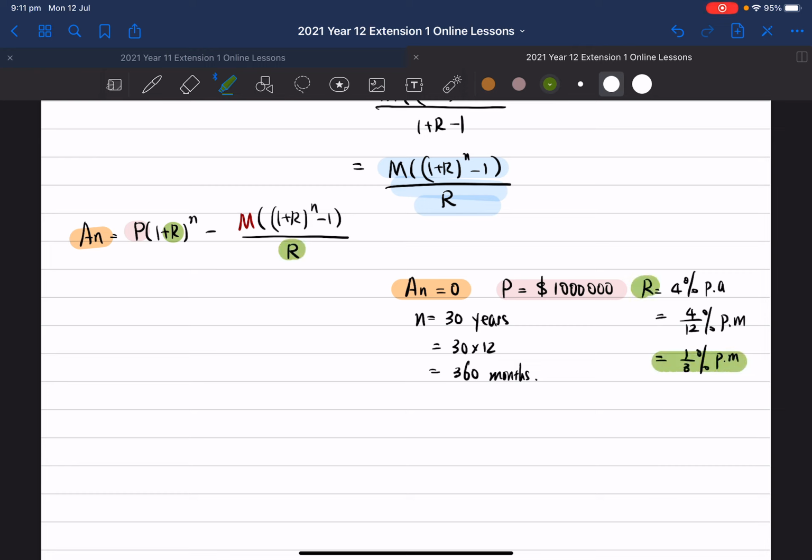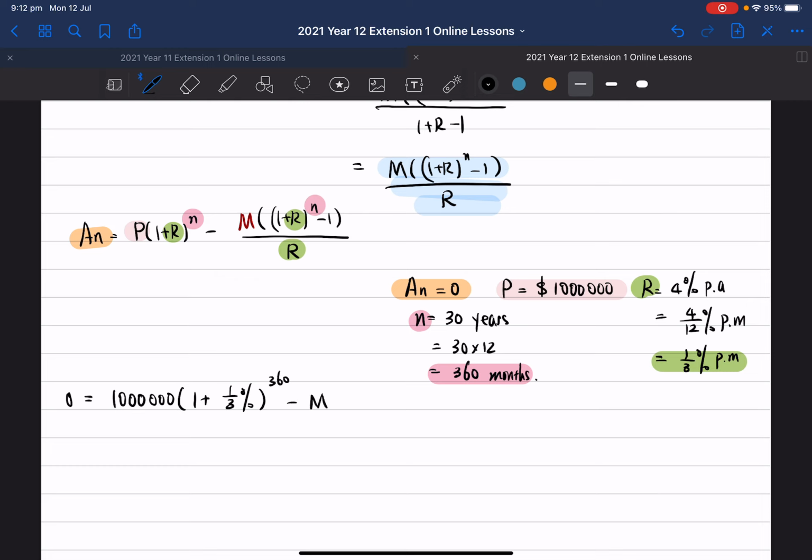And the last one, we also have the n, the number of period of time, which is 360 months. All right, so the remaining calculation is just basic calculation on your calculator. So 0 is equal to 1 million bracket 1 plus r to the power of n, 360, minus M.